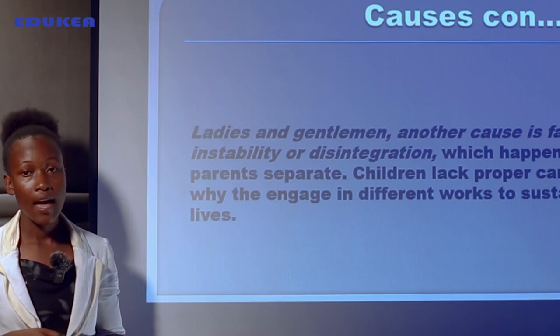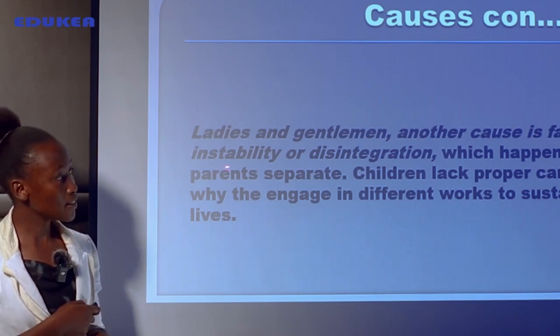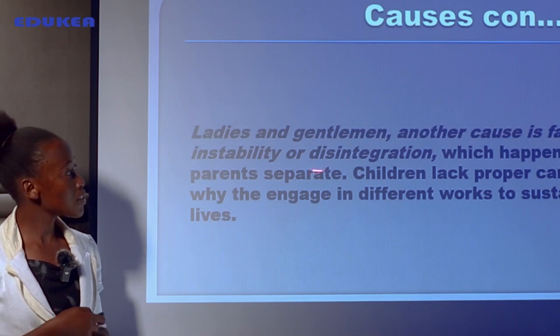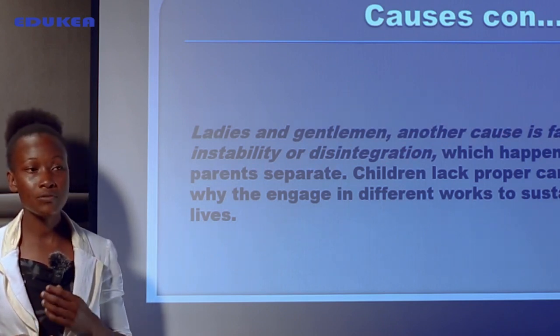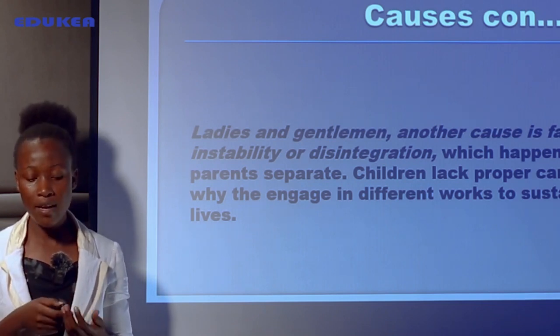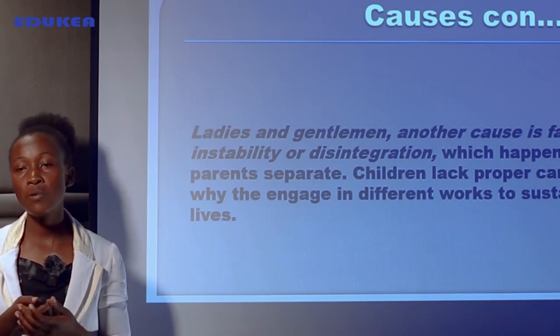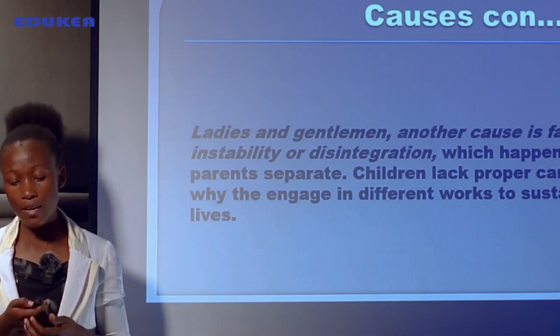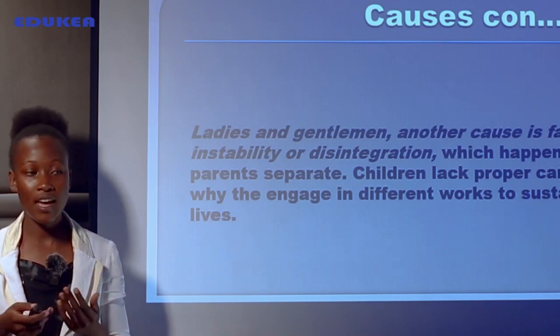Another point is by saying, ladies and gentlemen, another cause is family instability or disintegration. As we know, family instability is the situation whereby there is no peace in a particular family. So people live in a life whereby they can't even share their ideas.